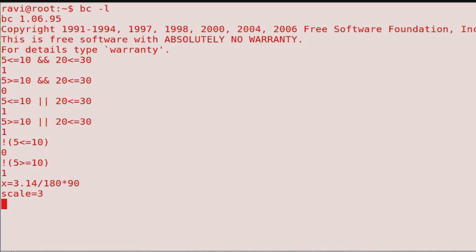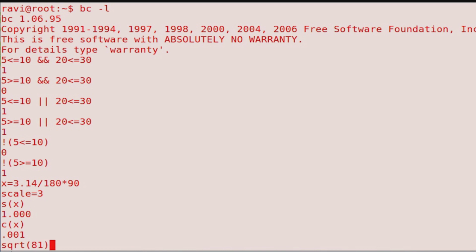Then we have given scale = 3 in order to fix the number of decimal places after the decimal point. Then we have given s(x), it has returned a value 1 because sin 90 is 1. We have given c(x), it has returned the value 0.001 because cos 90 is 0. I would like to draw your attention that x denotes the radians which is equivalent of 90 degrees.